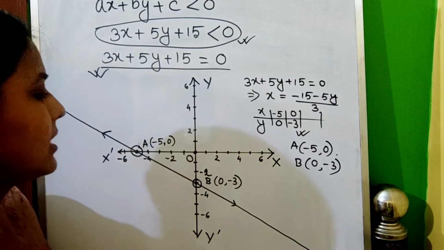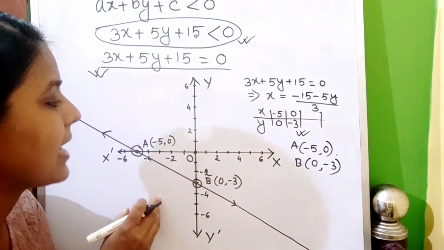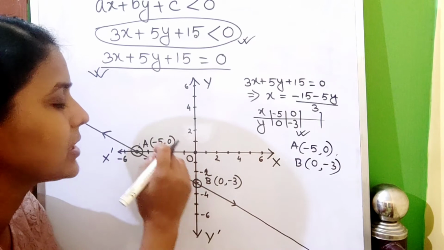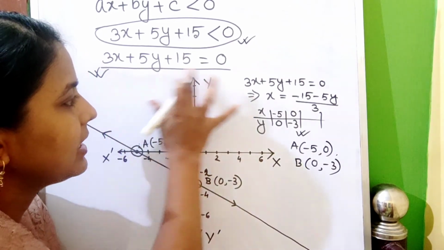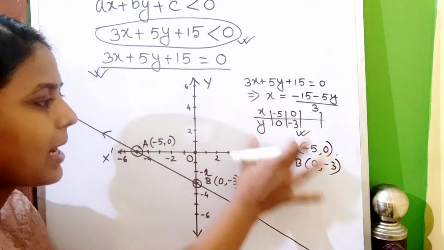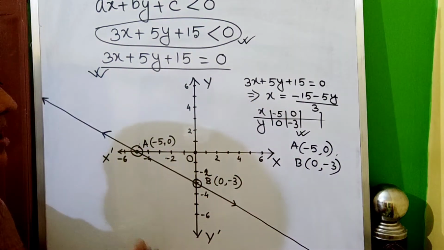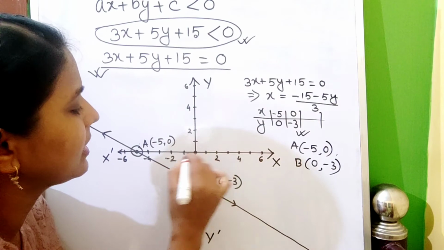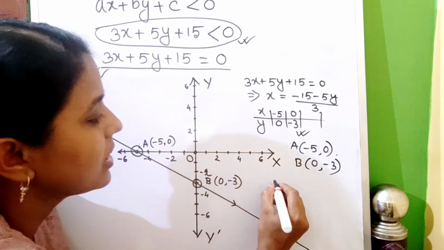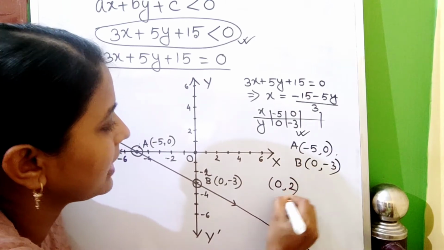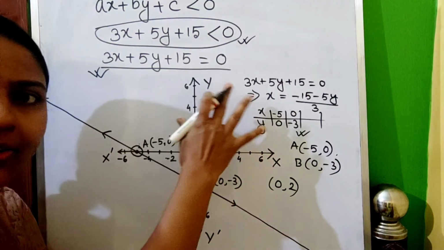So how do we find it out? As I told you, you fix or assume any point either in this half part or in this half part. Say I am taking the point 0 comma 2. 0 comma 2 is a point on this side, right?